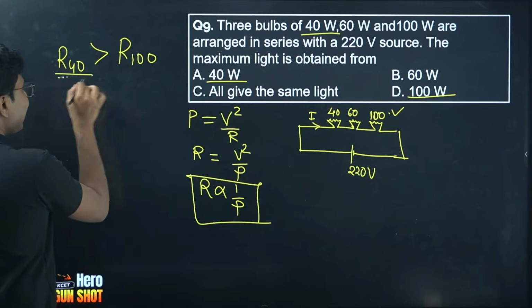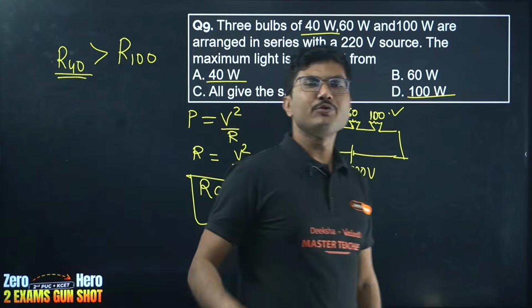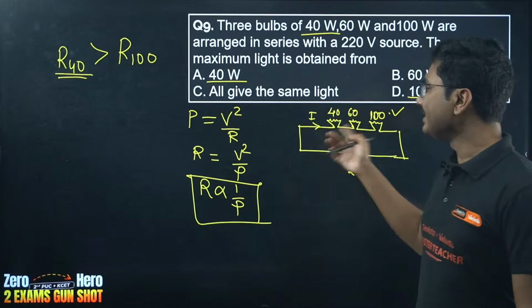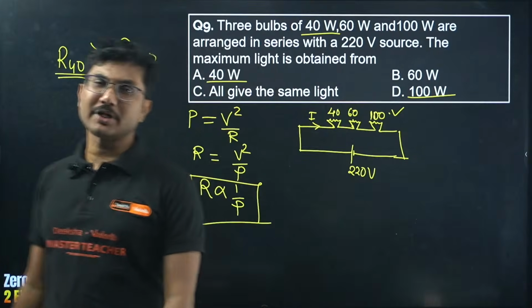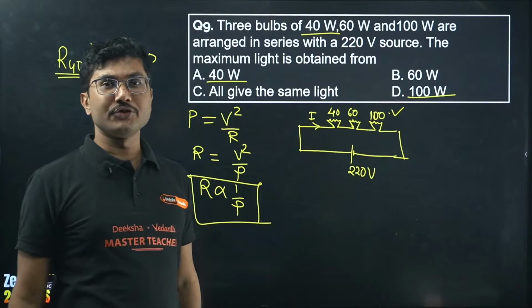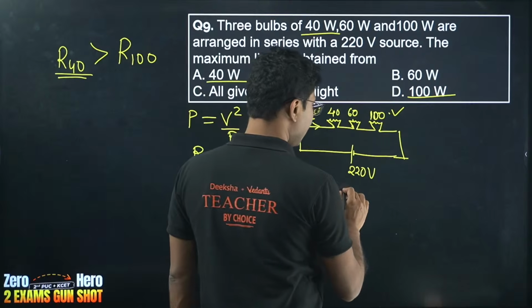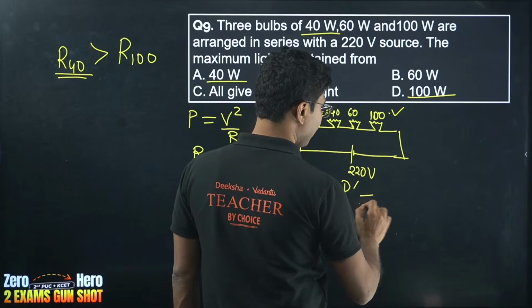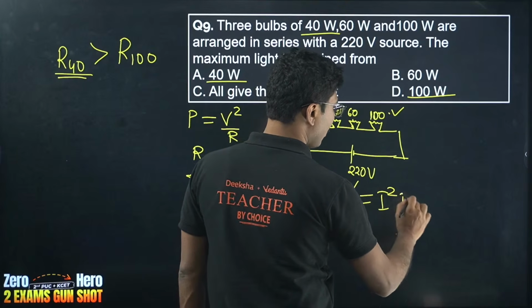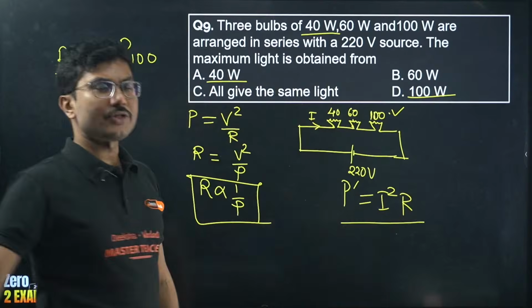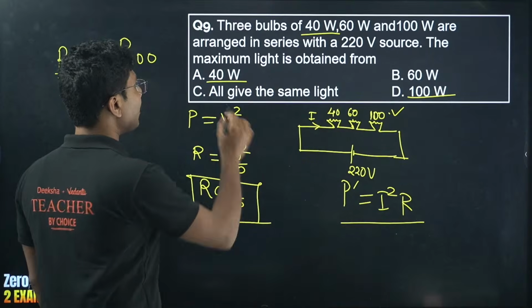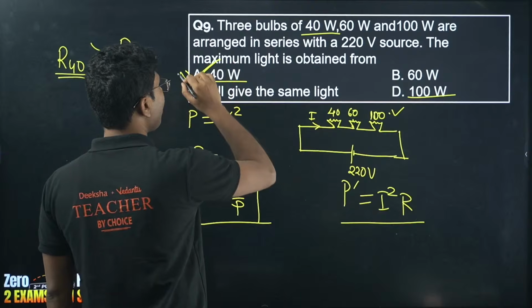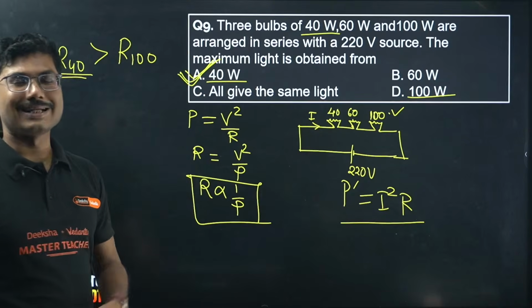Higher the resistance, it consumes more power in series combination, because current is constant. So power consumed is given by I square into R. Higher the resistance, more power is consumed. So you will get the brightest light from 40 watt because it has the highest resistance.